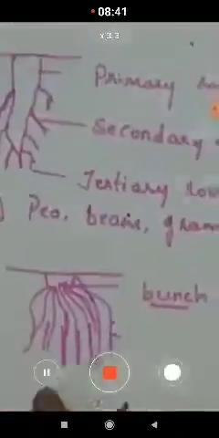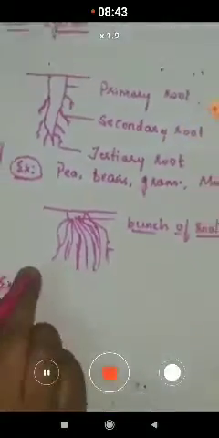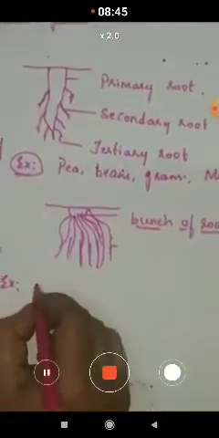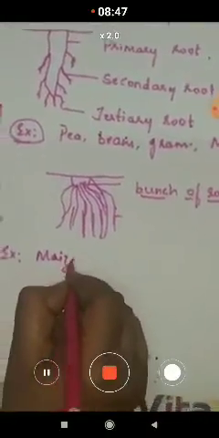Now here you can observe in the fibrous root, the plants have only one single cotyledon. For example, maize, wheat, rice, and I have also shown you the grass.